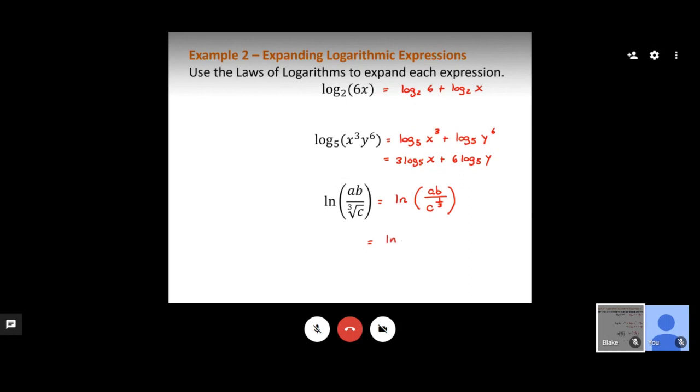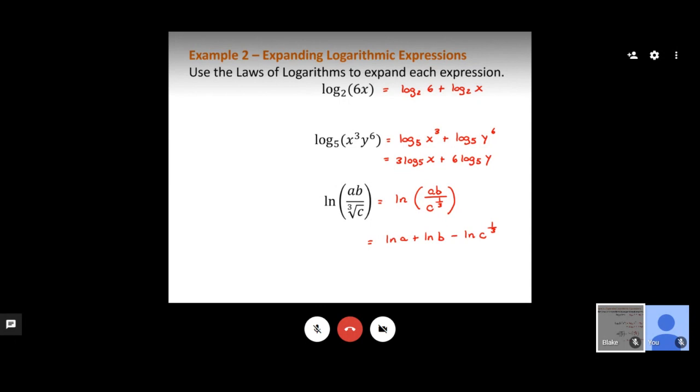Just natural log of A plus the natural log of B. Because if we combine that, that would give us that multiplication of A times B inside the natural log. Then what are we going to do with that C to the 1/3 in the denominator? Good. It's going to become minus. And for right now, I'm just going to put the natural log of C to the 1/3 power. So now I've got my addition, my subtraction, right? Because that way I end up with A times B and then divided by C to the 1/3.